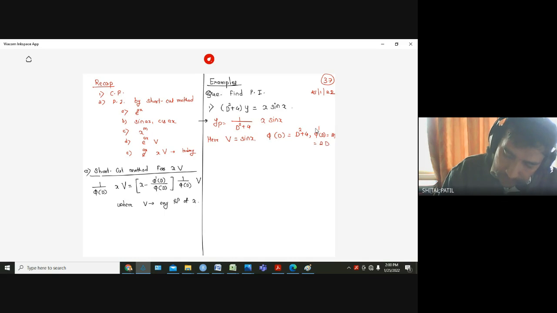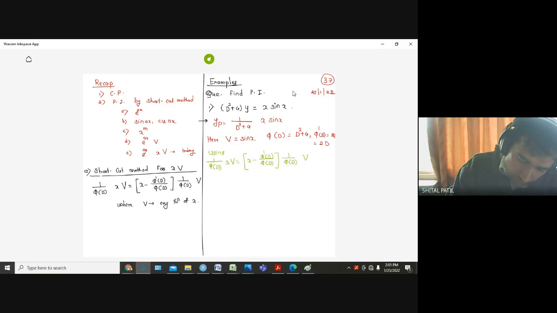Then mention the formula: 1 upon phi of D operated on x v equals x minus phi dash of D divided by phi of D, times 1 upon phi of D operated on v.